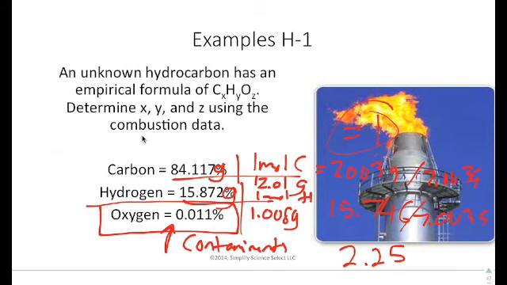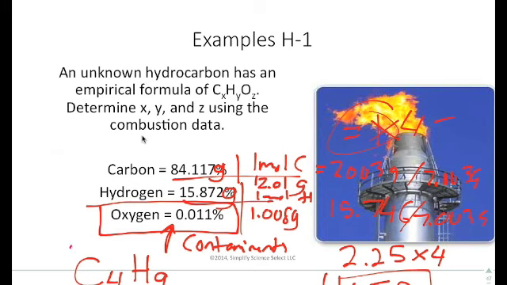You should realize that 2.25 isn't going to work, but if I were to multiply it by 4, I would get a whole number. So that would give me 9 for hydrogen. But what you do to one of them, you've got to do to the other, so we multiply carbon by 4, and you have C4 and then H9. So that represents the empirical formula for this particular compound. It does not mean that it's the molecular formula.